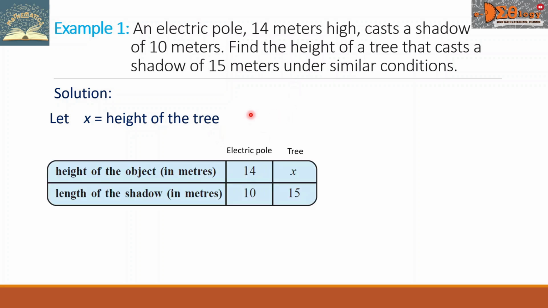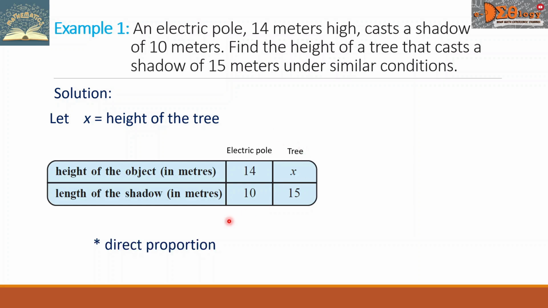Putting this on a table, we have it like this. For this column, this is the data about the electric pole, 14 meters in height with 10 meters as the length of the shadow. And for the tree, the height is x and the length of the shadow is 15 meters.